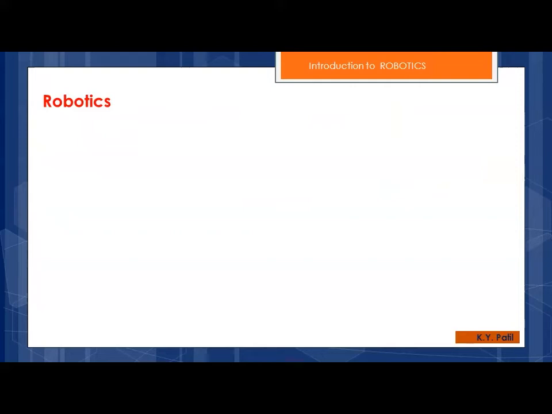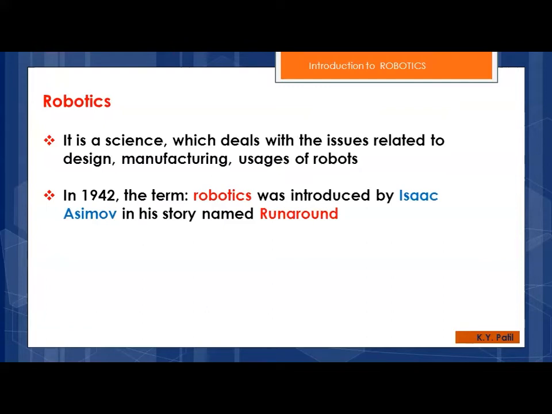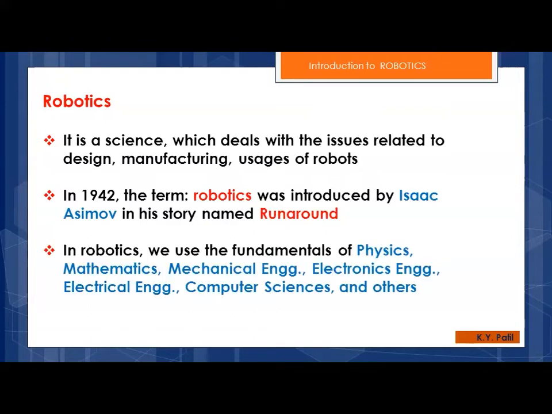Robotics is a science which deals with the issues related to design, development, and application of robots to perform a variety of tasks. The term robotics was coined by Isaac Asimov in the year 1942.